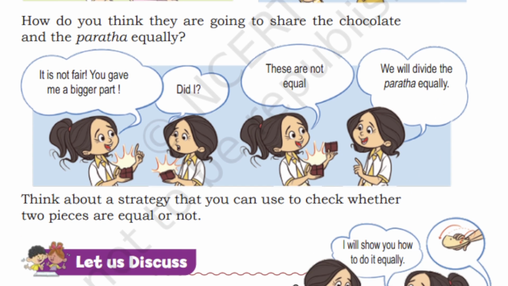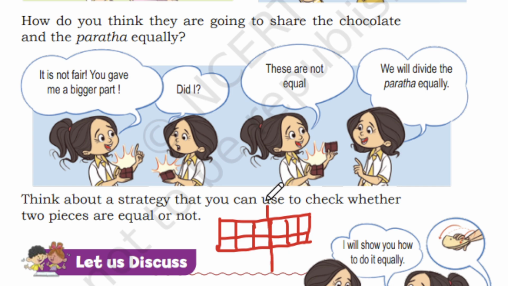For example, I'm going to draw a bar of chocolate here. Imagine that this is the bar of chocolate. If we are going to divide this chocolate equally, you should break the chocolate in the center position. If you do that, you will get two equal pieces.